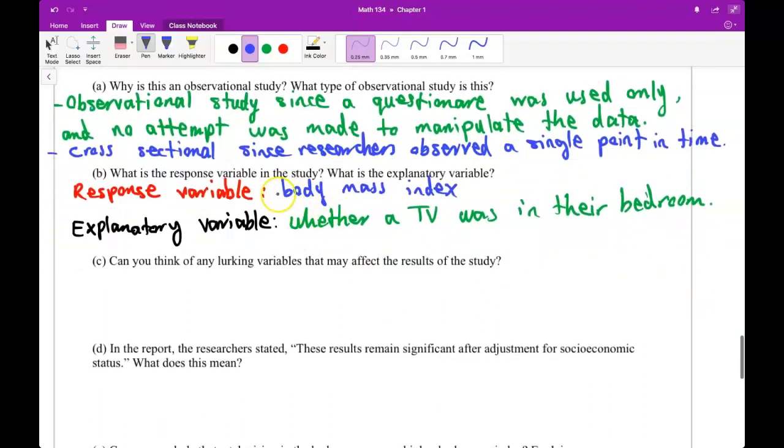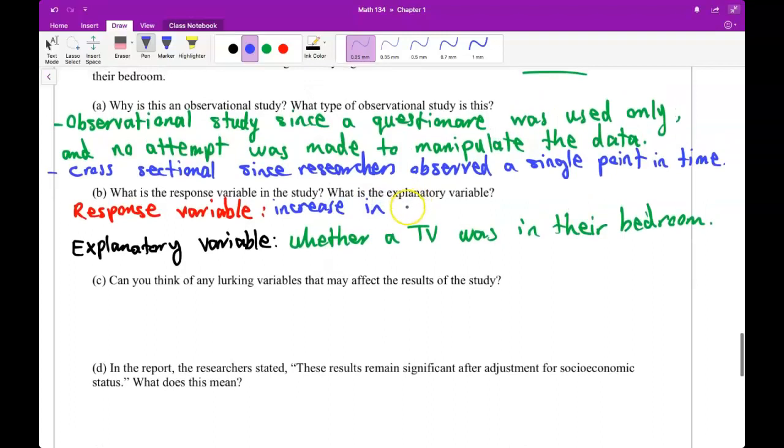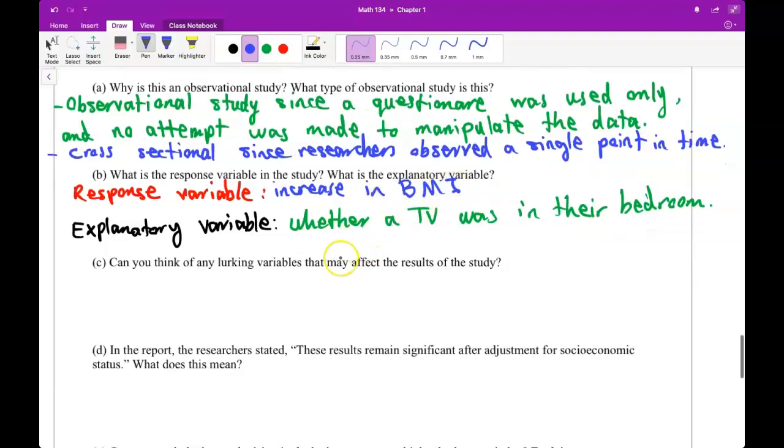It's better to write increasing body mass index instead of just body mass index. So I'm writing this again: increasing BMI, or body mass index.